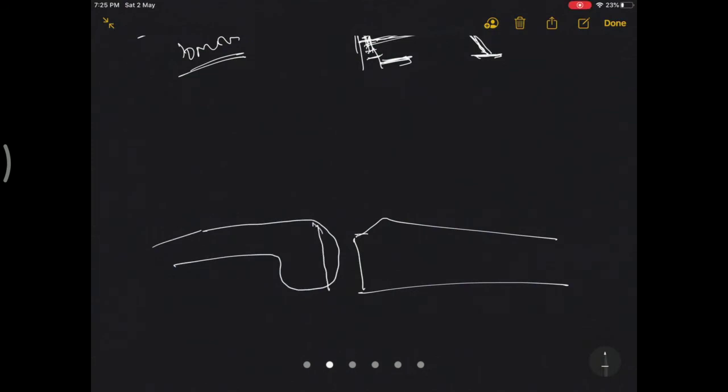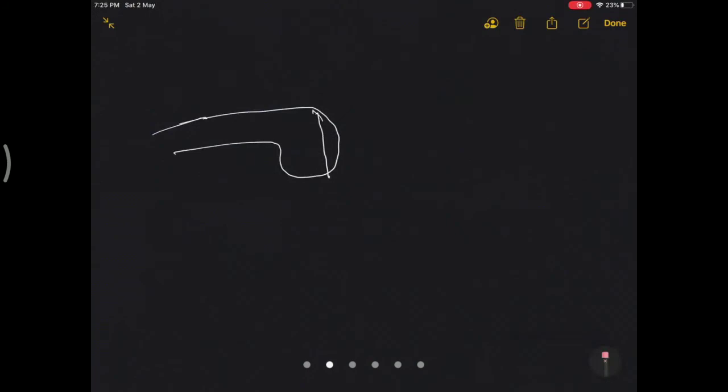You have to cut the distal femur to know the extension gap, and accordingly you can match that with the flexion gap. Okay, so here we flex it.